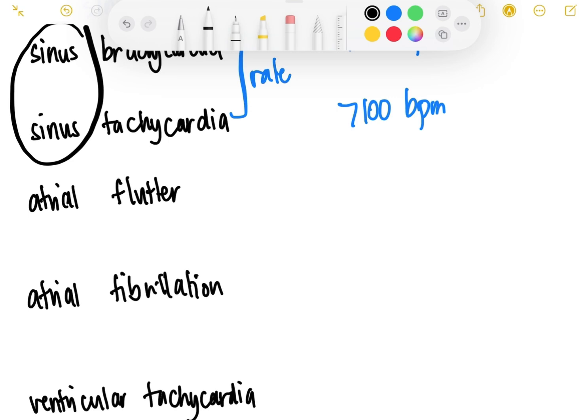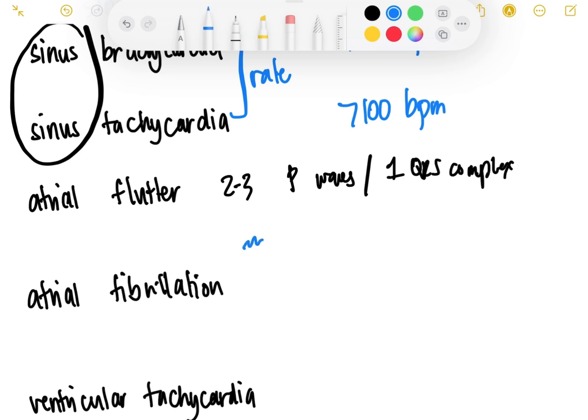So, what happens here, there are 2 to 3 P waves every 1 QRS complex. So, anong itsura nito? Para siyang, okay, 3, and then isang QRS, and then isang QRS. Ito yung tinatawag nilang sawtooth.